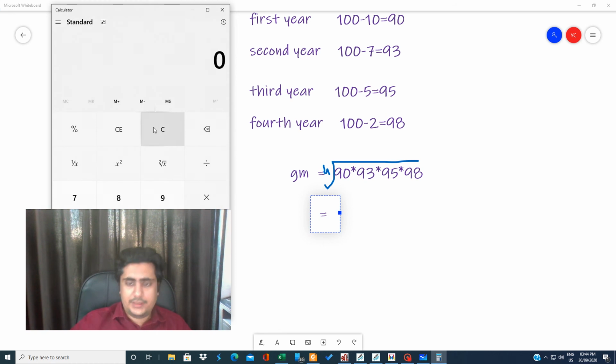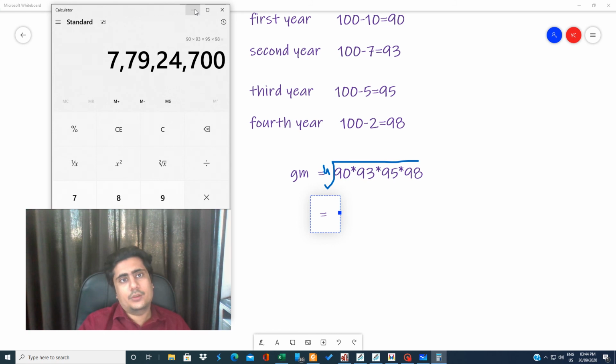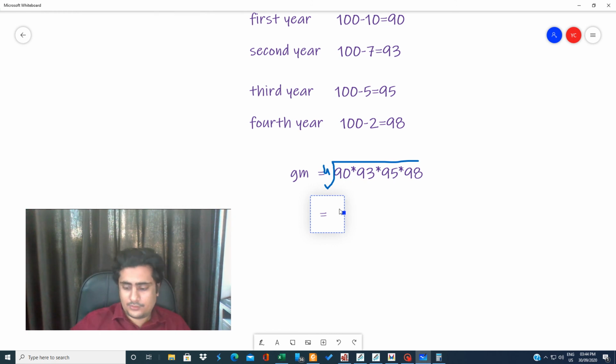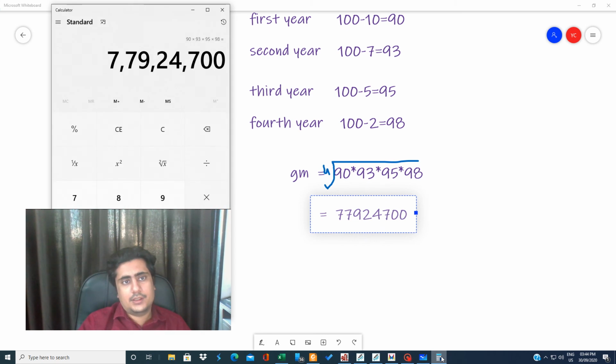So it is 90 into 93 into 95 into 98. Let us calculate once again. 90 into 93 into 95 into 98. 77924700.